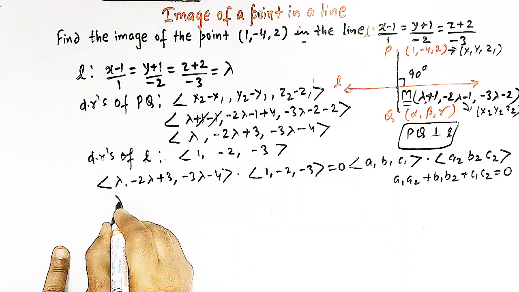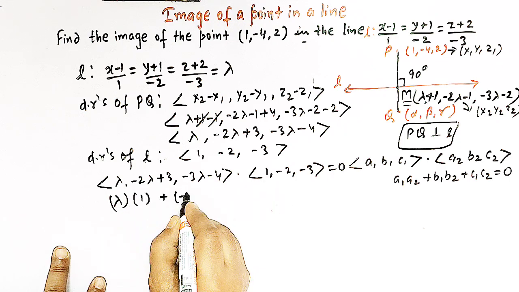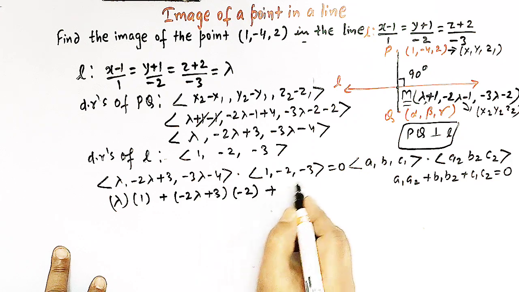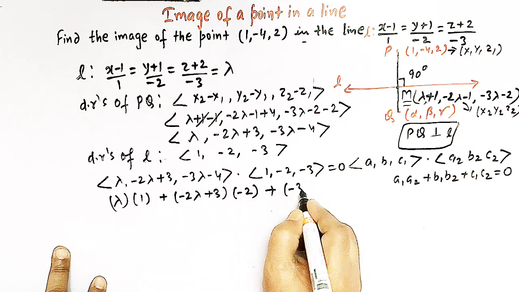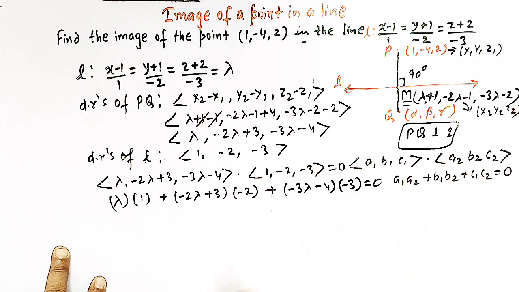So now we have lambda times 1, then minus 2 lambda plus 3 times minus 2, and then minus 3 lambda minus 4 times minus 3 is equal to 0.